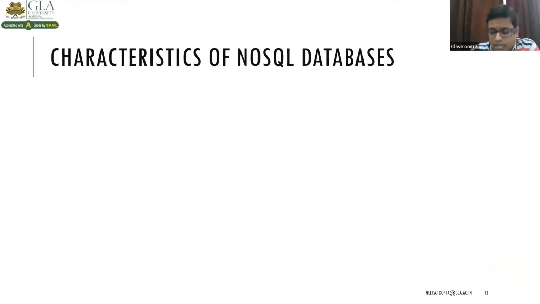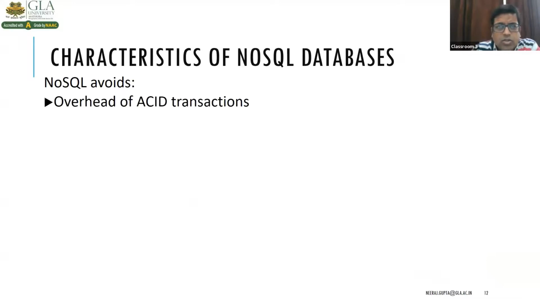Now what are the characteristics of NoSQL databases? NoSQL avoids, first, the overhead of ACID transactions. I think you remember this: the ACID properties of transactions are in the relational database models.